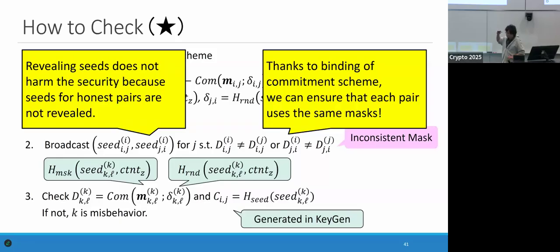If signers follow the protocol, then they output the same commitment. And the adversary can already know the pairwise seed involving the corrupted signers in the initial phase of the security game. So redundancy is not an issue in our protocol.